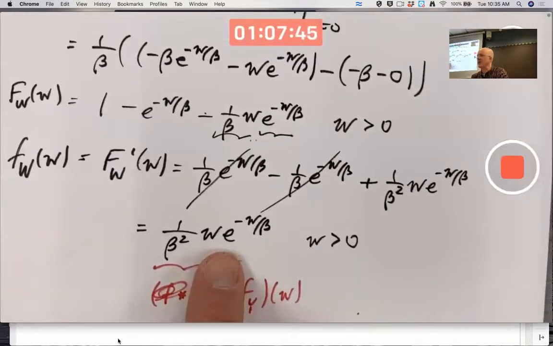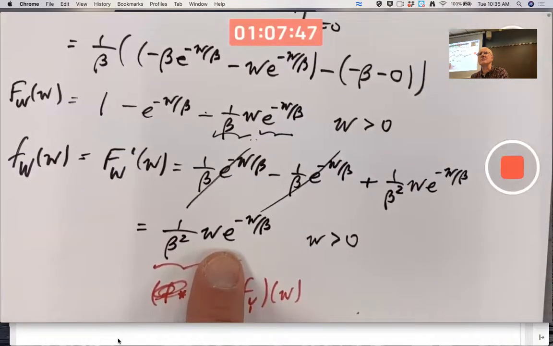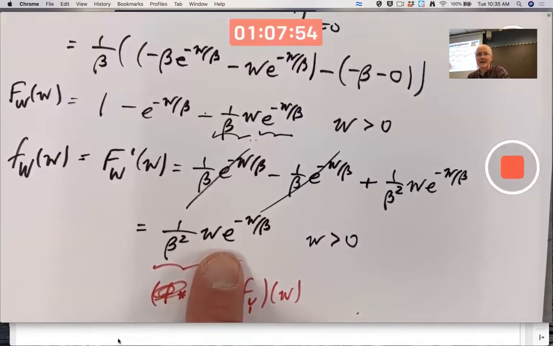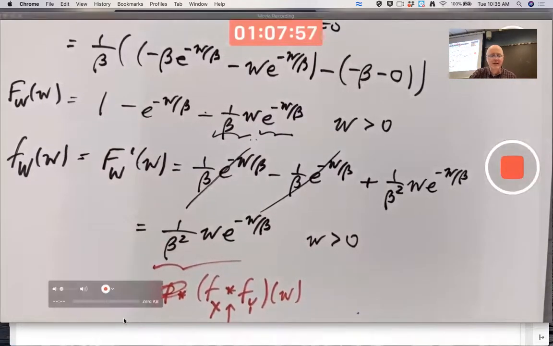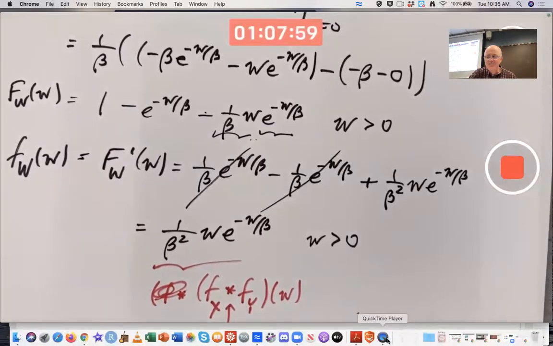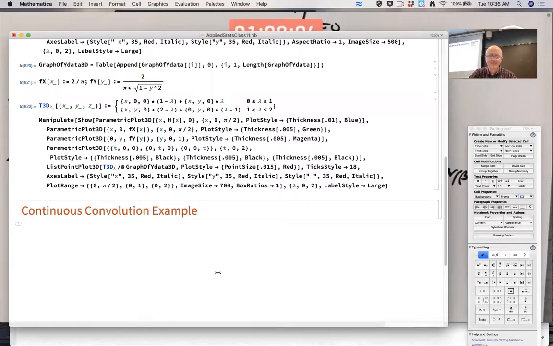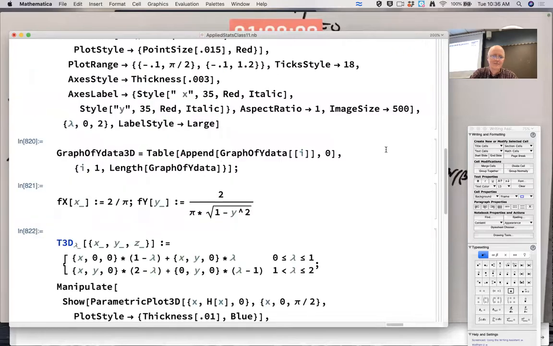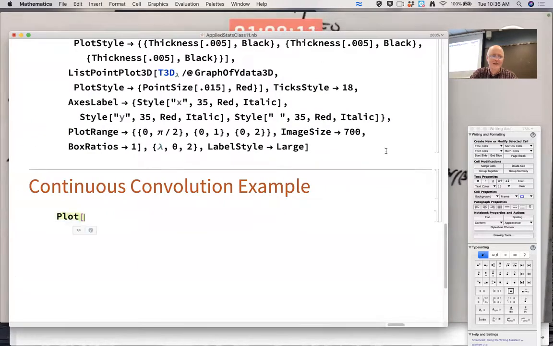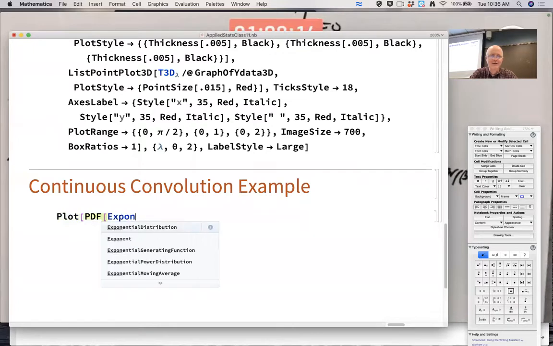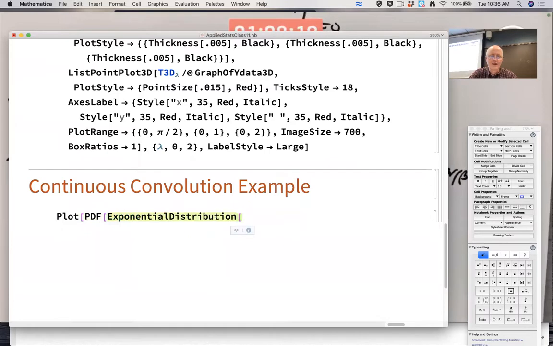Does this PDF have a graph that looks like a normal curve? No, it doesn't. But it does look more like a normal curve than a plain old exponential does. This will be what we end the class with today. Plot the PDF of an exponential distribution with any mean you want.